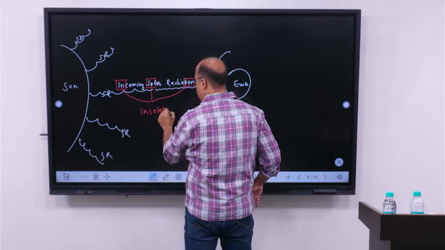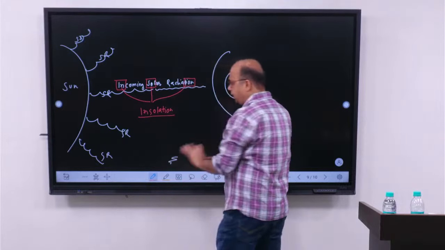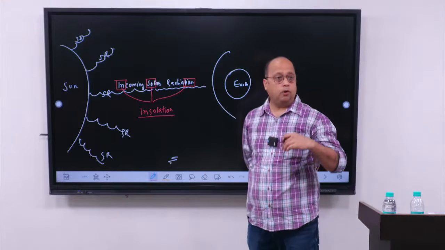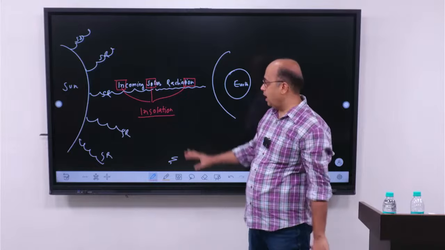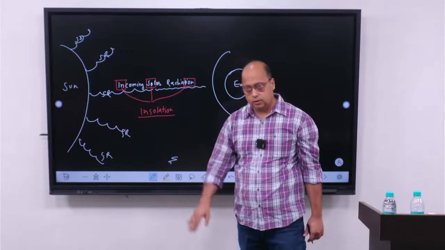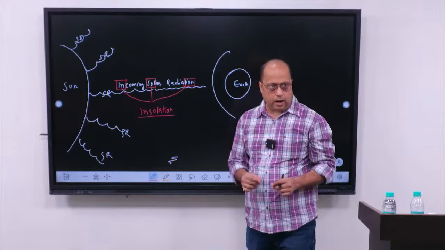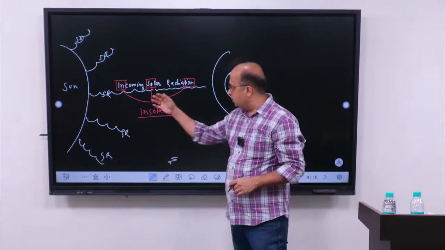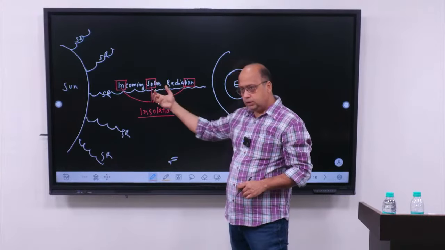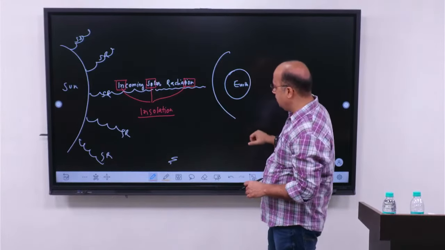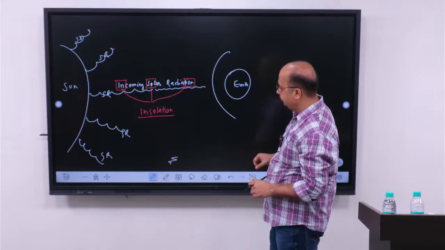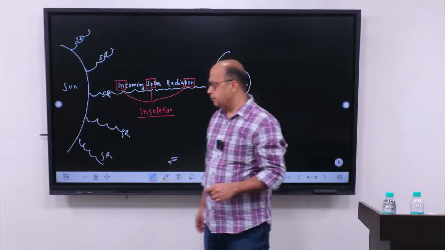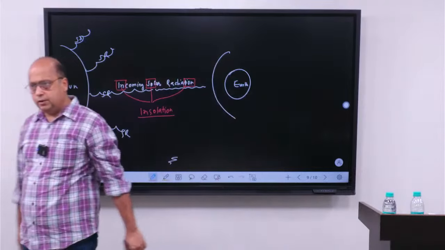That is insolation. You all must know this, you all know that it is insolation. But UPSC wants to know whether you have a better idea about insolation, whether you know the detailed ideas of insolation or not. So when this radiation is coming towards Earth, we call it insolation. So first write: what is insolation?